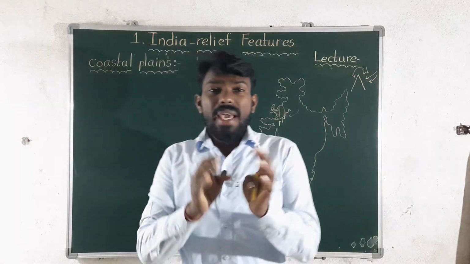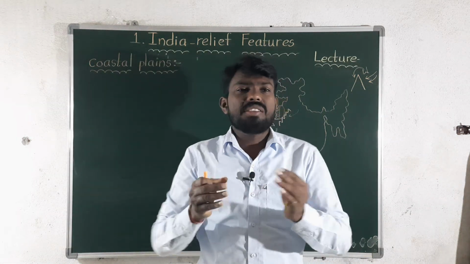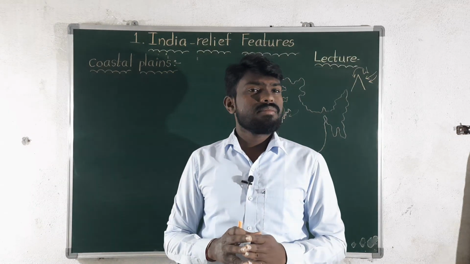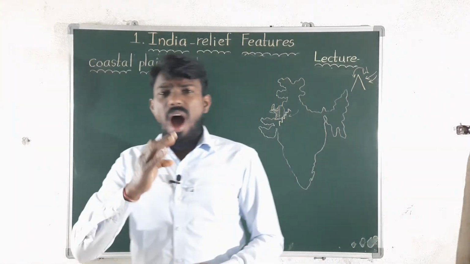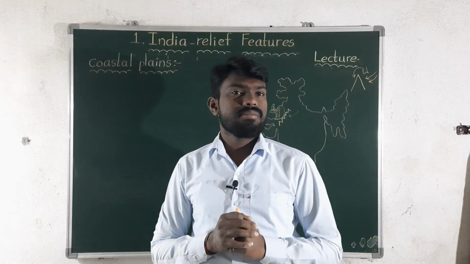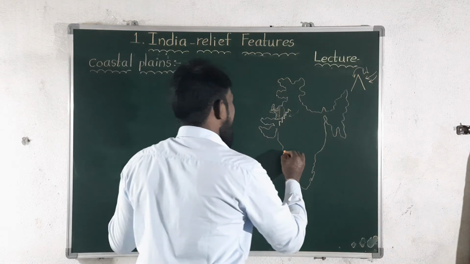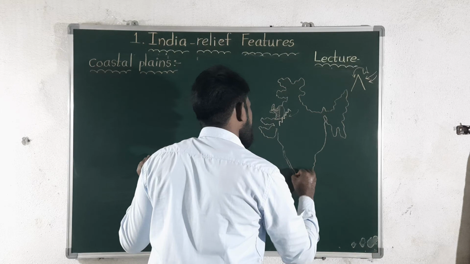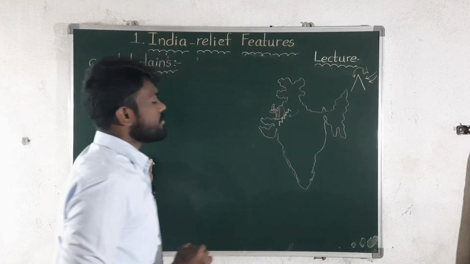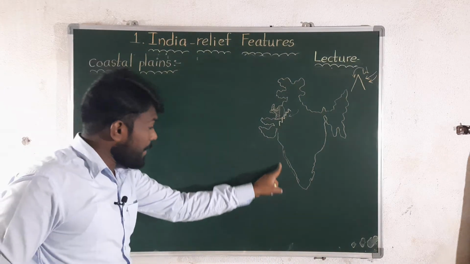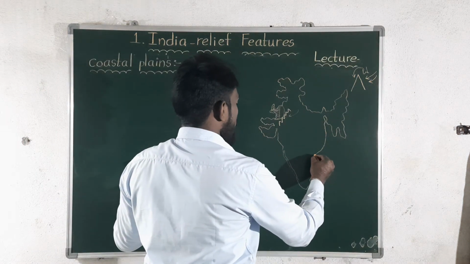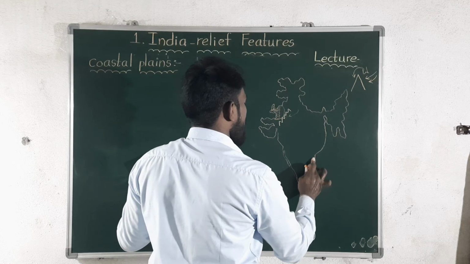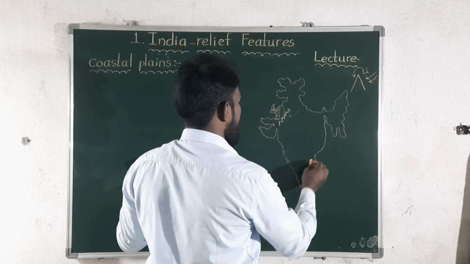We can see narrow coastal strips along the Arabian Sea on the west side and along the Bay of Bengal on the east.